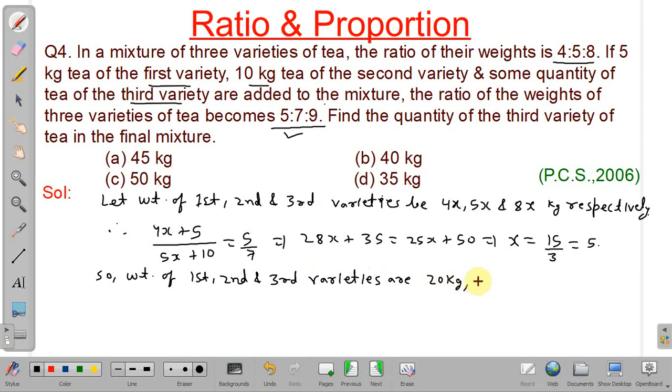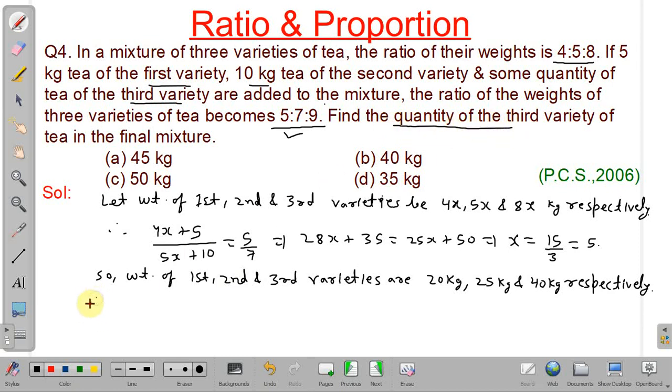Second one is 5x, so 5 into 5, 25 kg. And third one is 8x, so 8 into 5, that is 40 kg respectively. Now we have got the amount of each variety in the original mixture, and we have to find the quantity of third variety in the final mixture.